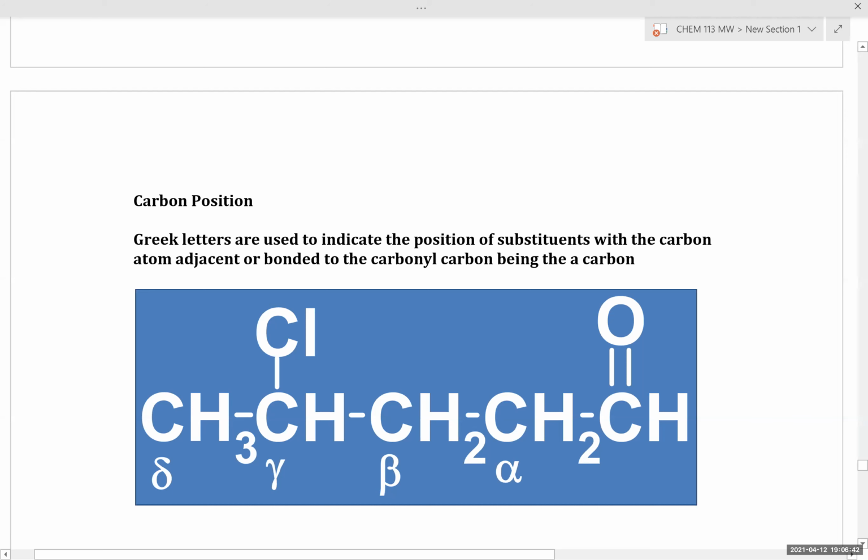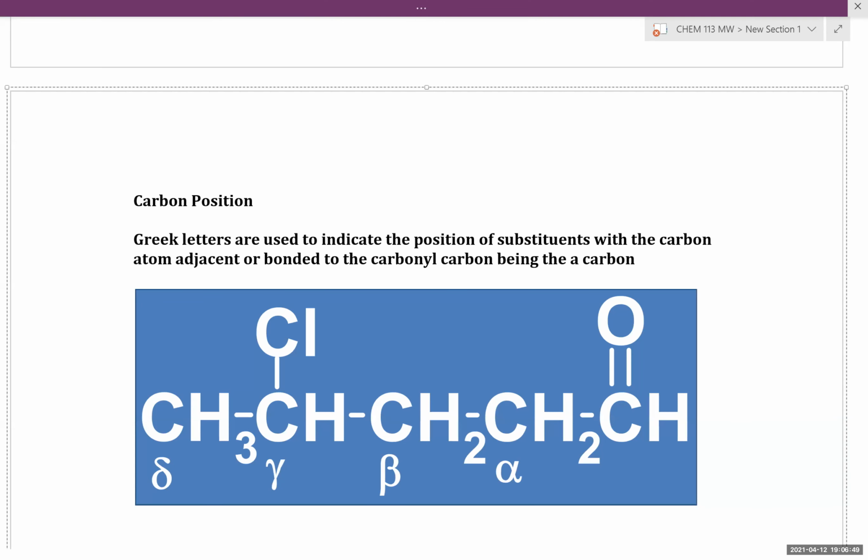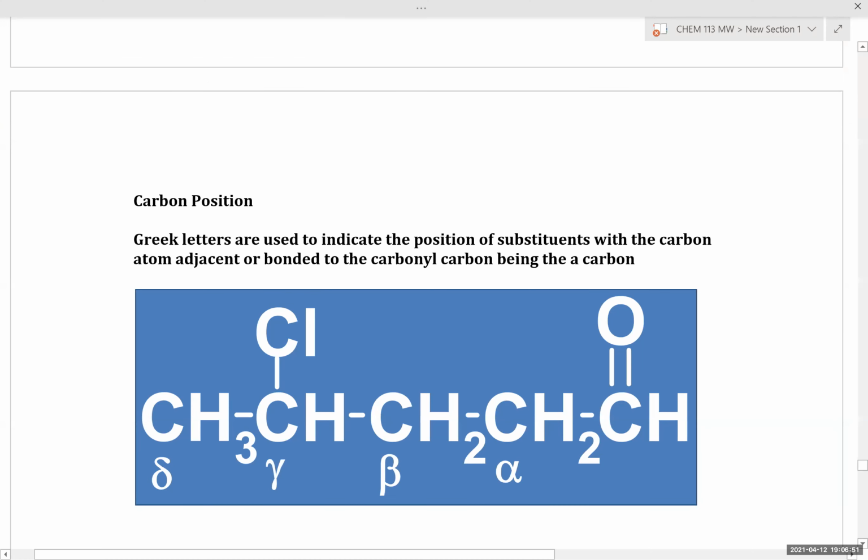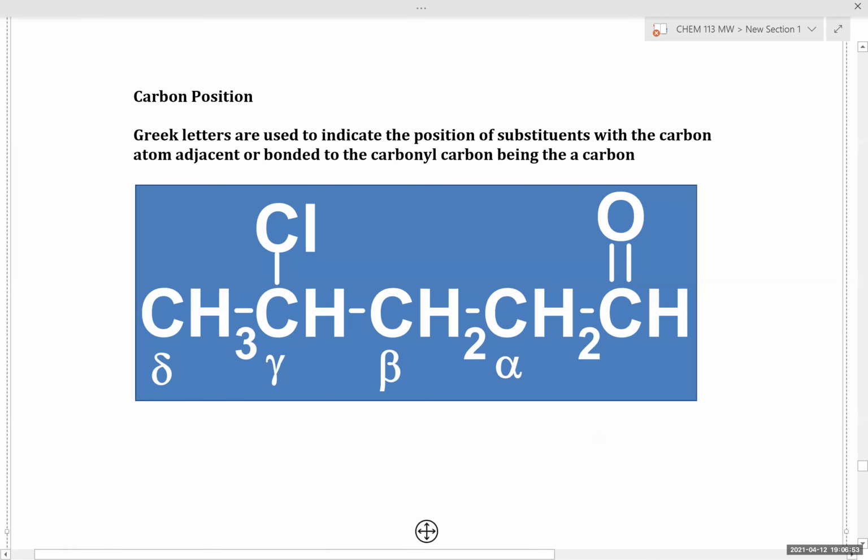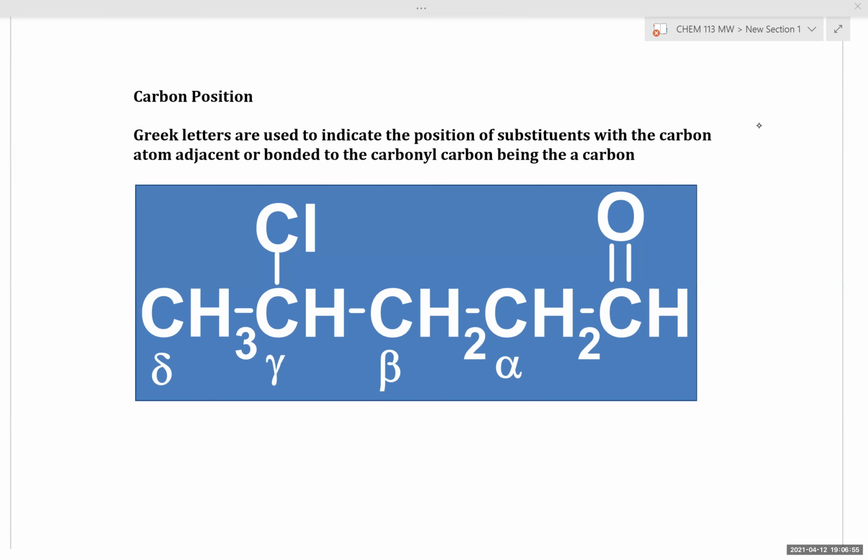What we're now going to talk about are reactions involving carbonyl carbons and the positions adjacent to carbonyl carbons. So it's important that we establish some nomenclature first.